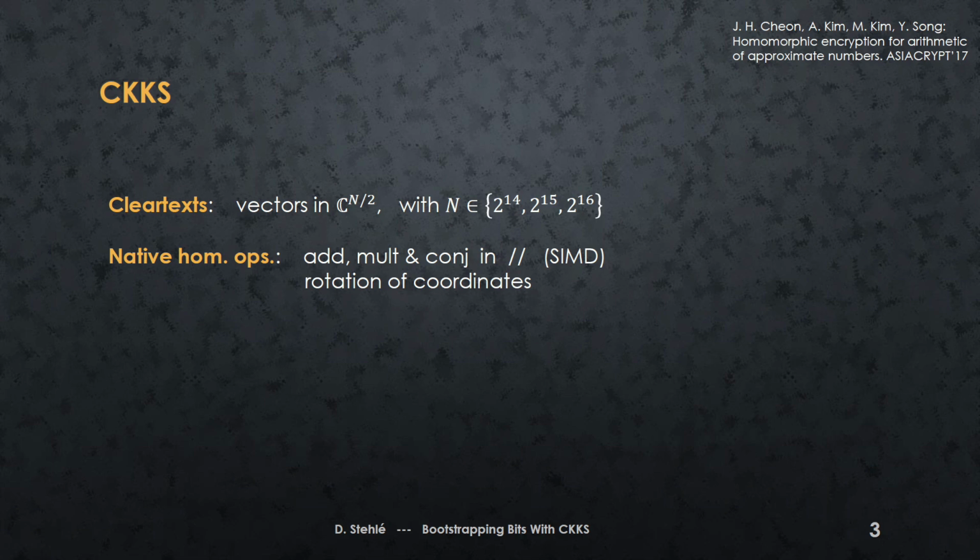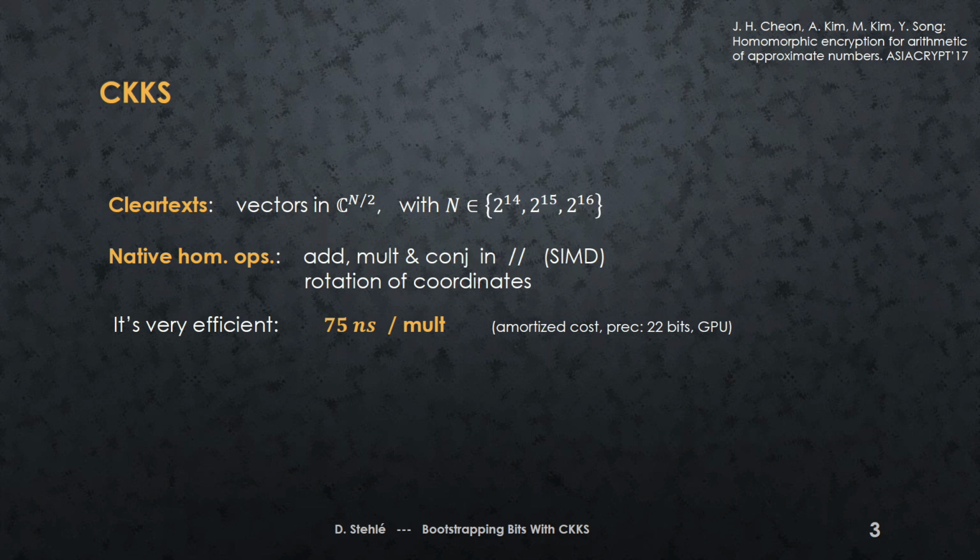The native operations you have homomorphically for CKKS are additions of those vectors, component-wise multiplication, component-wise conjugation, and you can rotate the coordinates by 1, putting the last coordinate in the first spot. It's very efficient. The amortized cost in GPU for a multiplication is 75 nanoseconds.